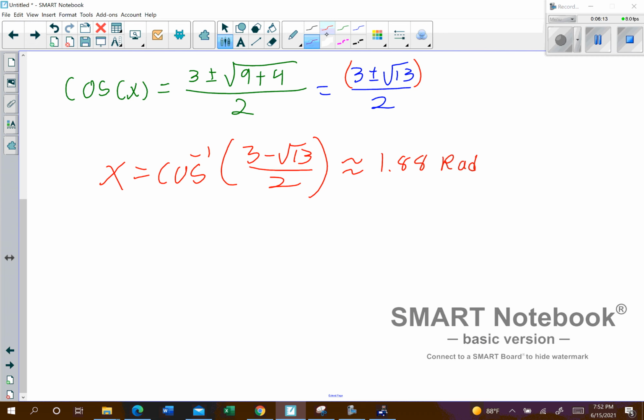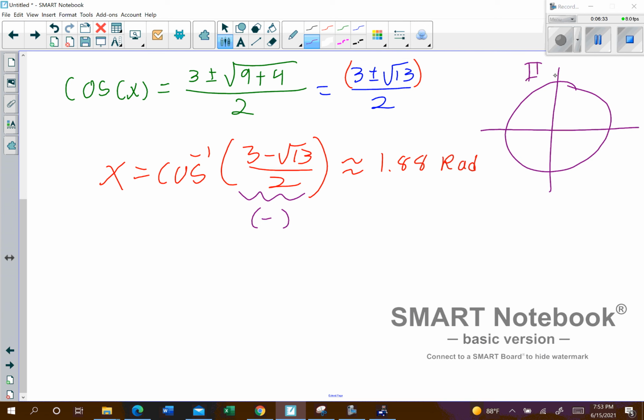Okay, now to give you a visual of what's taking place here. So on the unit circle, this is a negative ratio right here. 3 minus the square root of 13 is going to cause this value to be negative. And so cosine is negative in quadrants 2 and 3. Pi is right here, which would be like 3.14.